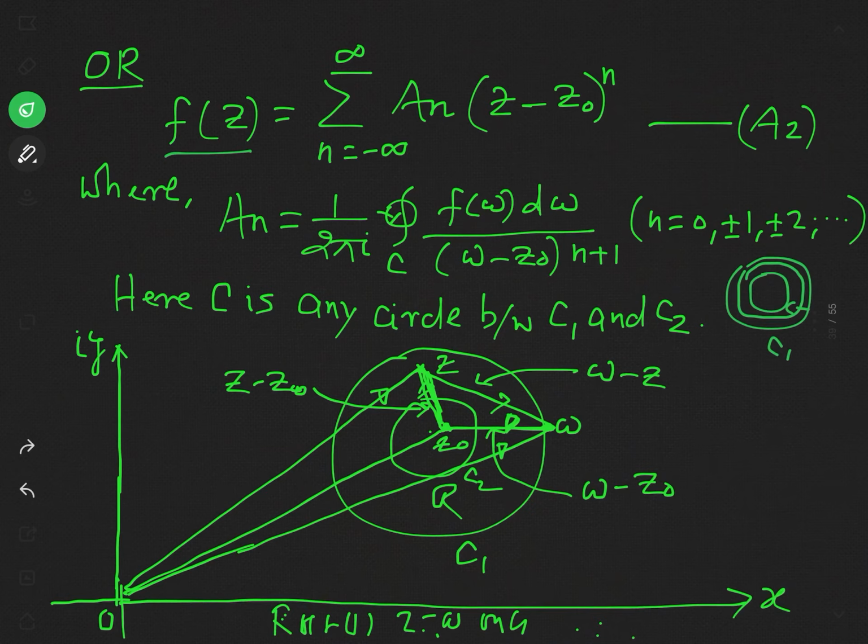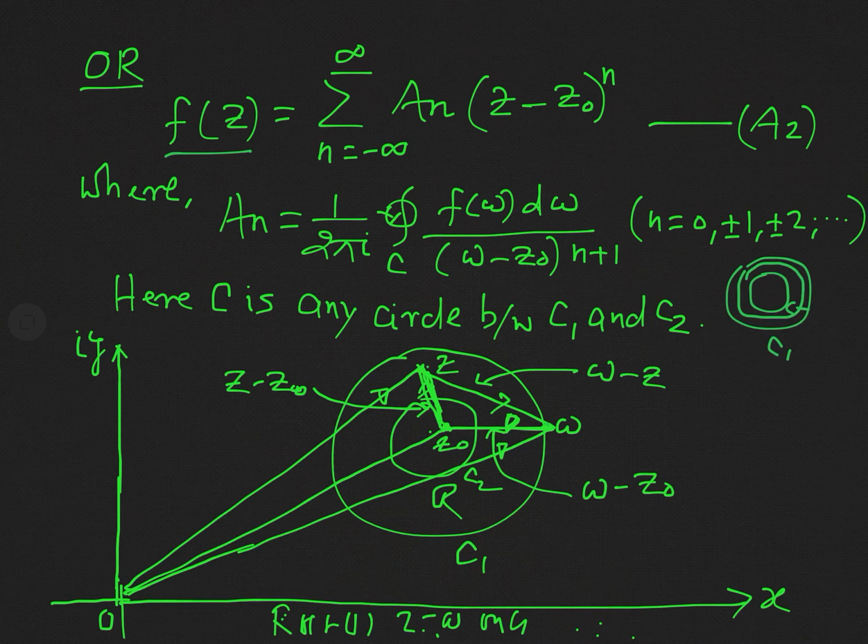Here are two circles C1 and C2, and we consider that the point w is lying on the circle C1, at the circumference. And we take a point z in the region R, between C1 and C2.